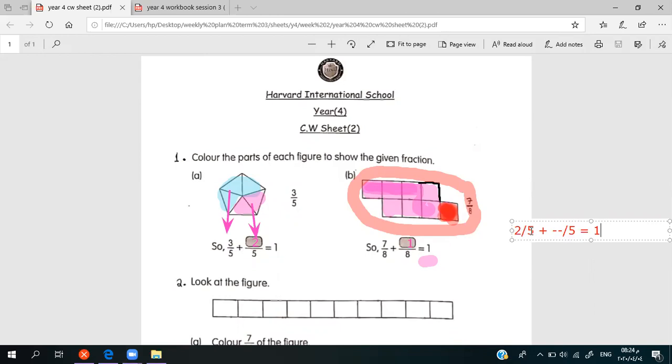I have 2 from the 5. How many are left from the 5? 3 from the 5. So 2 parts from the 5 parts and 3 parts from the 5 parts will give me 5 parts from the 5 parts. And we all know that 5 from 5 means 1.